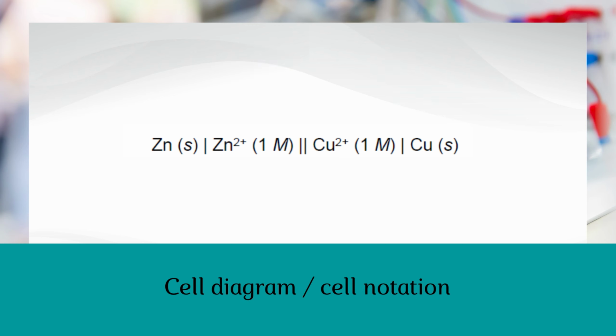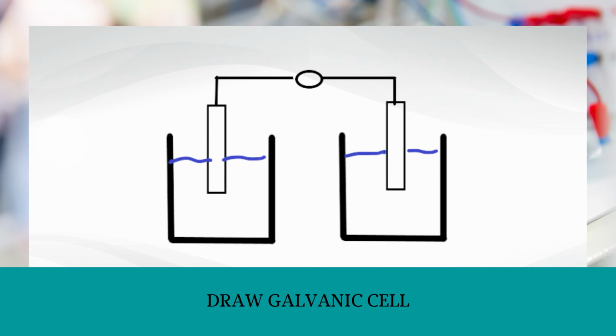Now, from the cell notation shown in the slide, try to draw a galvanic cell, write the half equations at the anode and cathode, and then write the net equation. So how do we draw the galvanic cell?